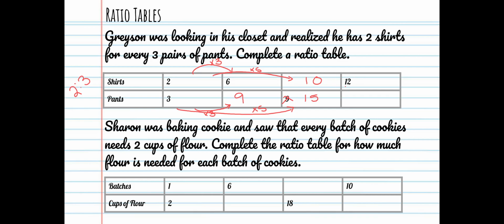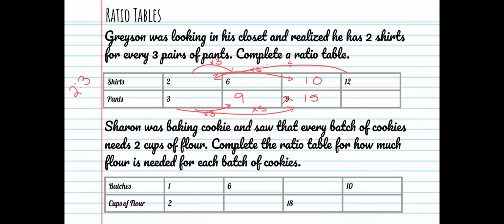Now our final one has 12 in the first part of the ratio, and we have to figure out what the bottom part is, or the second number. Now I need to figure out how many times 2 goes into 12. Another way we can think about this is 12 divided by what would give us 2.